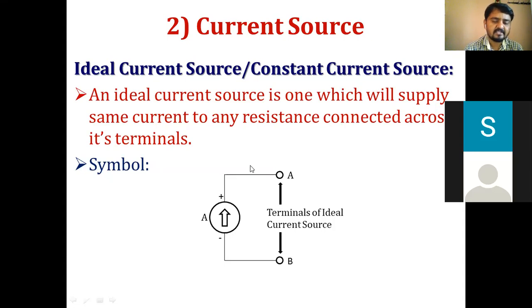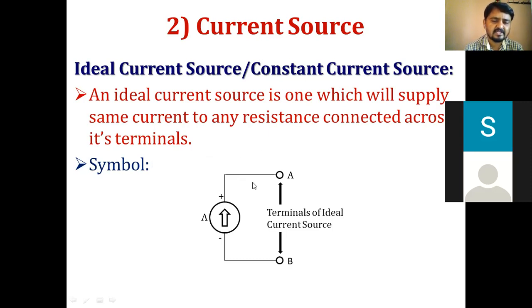Here, ideal means it doesn't have any internal resistance. Whatever the load current, whether it increases or decreases, it will not affect this current source. It will give a constant current to the circuit. So an ideal current source is one which will supply the same current to any resistance connected across its terminals.